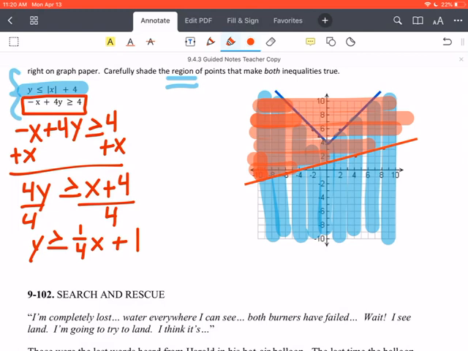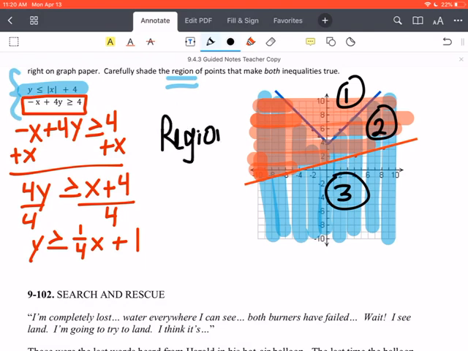So how many regions are created in this inequality? Well, I see region 1, region 2, and region 3. When we look at the region that makes both inequalities true, we see that the overlap is occurring at region 2.